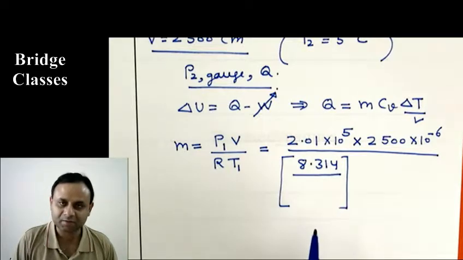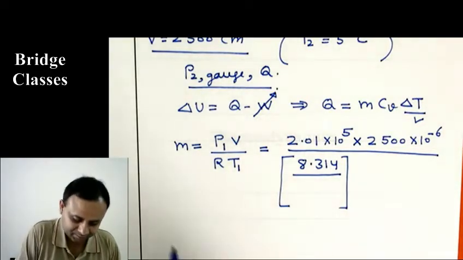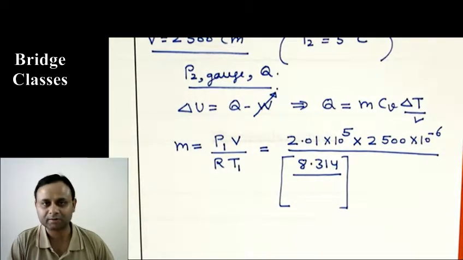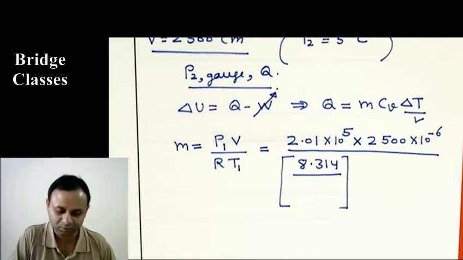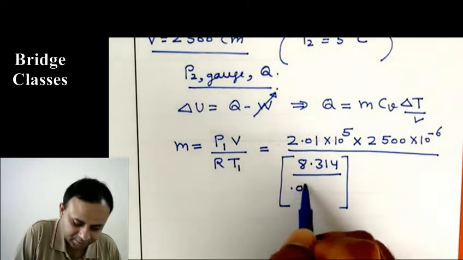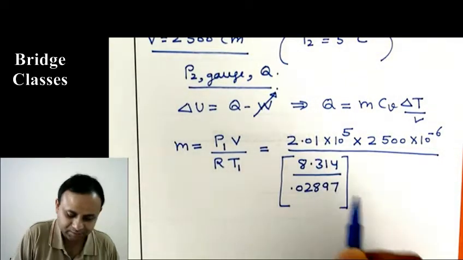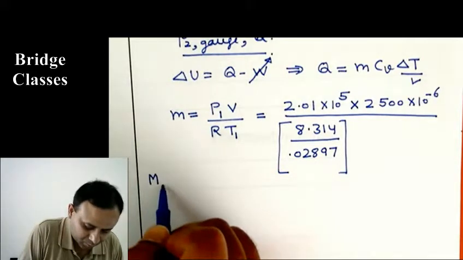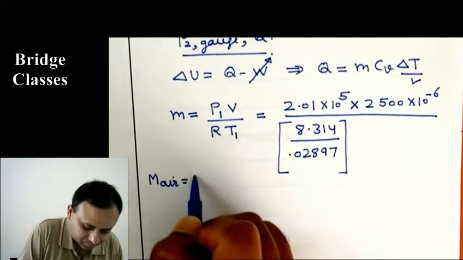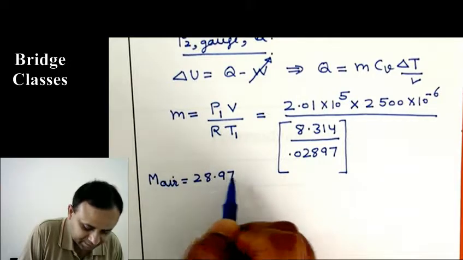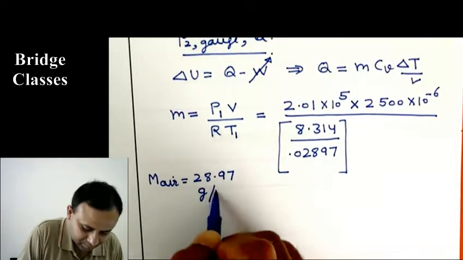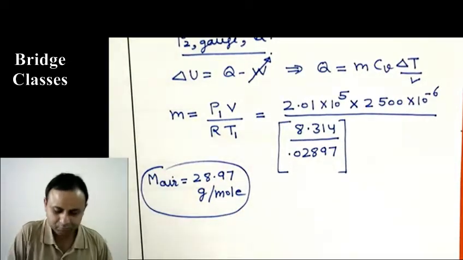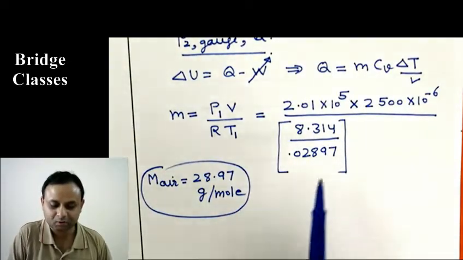You must remember that the molecular weight of air is 28.97 gram per mole, that is 0.02897 kilogram per mole.